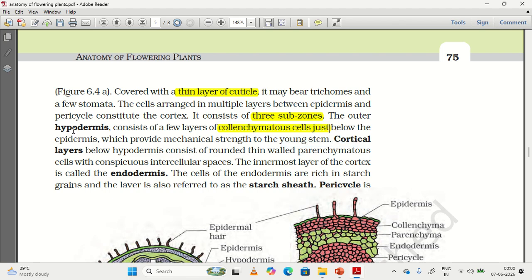Just below the hypodermis, you will have the cortical layer. The function of this hypodermis is providing mechanical strength to the young stem. When the stem is in young condition, this collenchyma will provide mechanical strength, which means it will not get broken very easily. If you see green stems, it is very difficult to break a green stem. It is because of the collenchymatous cells.